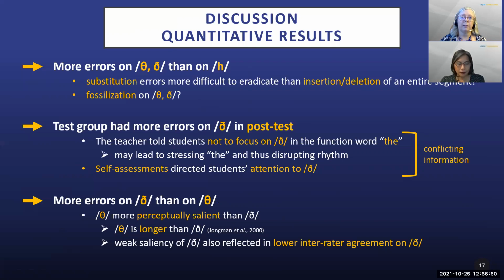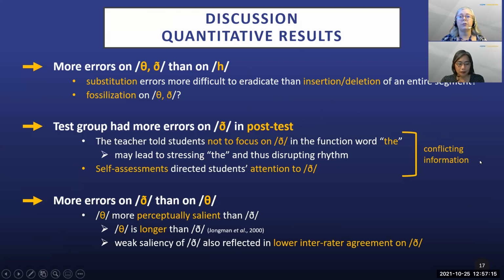This is all the more likely given that the pre- and post-test stimuli consisted of high-frequency words, meaning that they're acquired early and thus potentially mispronounced for a long time. A puzzling finding was that the test group actually had more errors on ETH in post-test, whereas the control group did not. This may be because the self-assessment group received conflicting information.